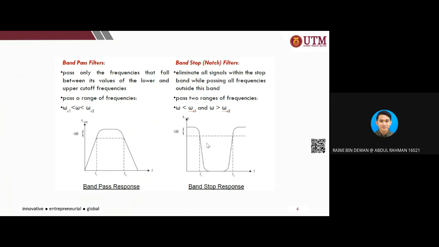So you can see here is the stop band. Any frequency that falls between our cutoff frequencies will be stopped, attenuated. The frequency range at which the signal is being blocked or attenuated is the stop band. So this is your band stop response.